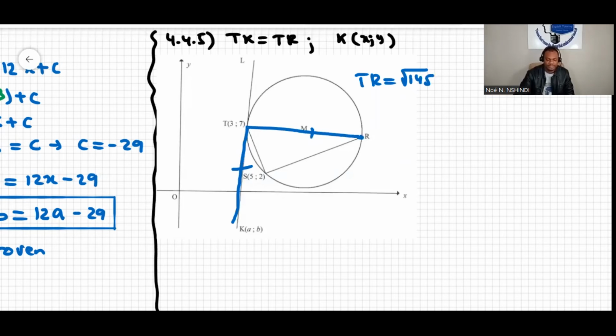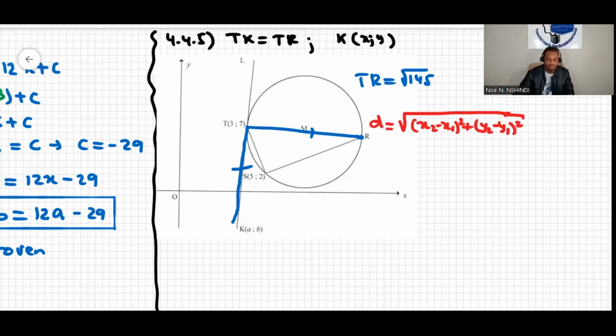This simply means, we know the distance formula. I'm going to write it over. The distance formula is given by the square root of x2 minus x1 squared plus y2 minus y1 squared.